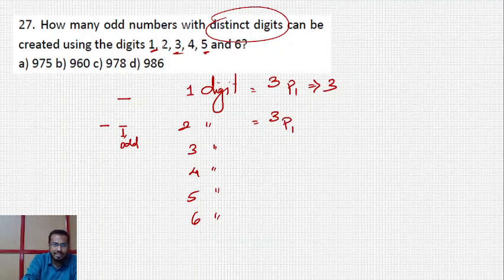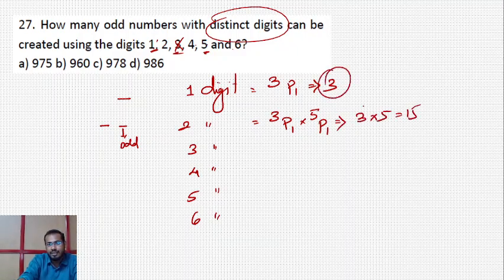Out of 3, I will place 1. If I placed 3 at the last place, how many remaining digits are there? 1, 2, 3, 4, 5. And out of 5, there is only one place waiting for 5 numbers. So what is the value? 3 into 5, that is 15. Here 3, here 15. Next, 3 digit numbers.